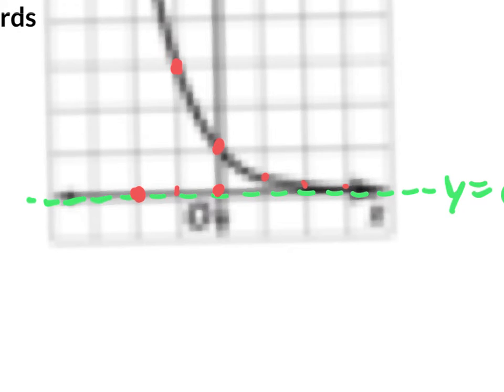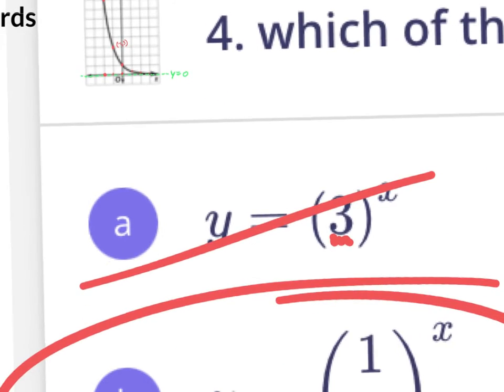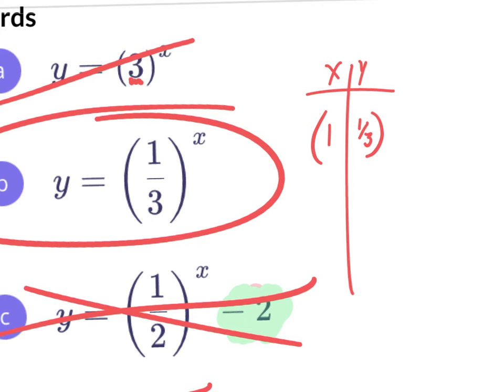Now, of course, if you wanted to really be absolutely positive, you could plug in the input of -1 and see if it gives you the output of 3, because that's a coordinate right there, -1, 3. So check it out. If we did plug in a -1, would it give us 3?